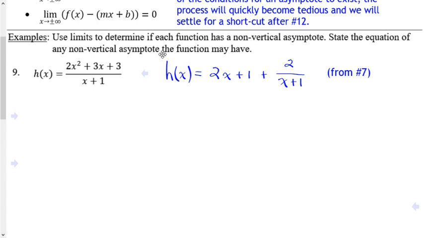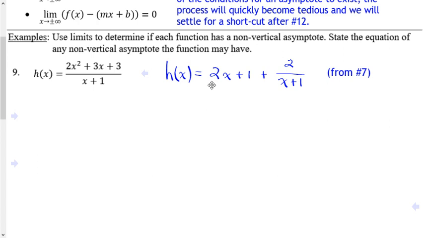I need to rewrite this as some polynomial plus a simplified rational expression where my numerator is lower degree than denominator. That's what happens if I get a remainder over the divisor. So the limit as this thing goes to infinity, well, this part will go to 0. I'll be left with a line.